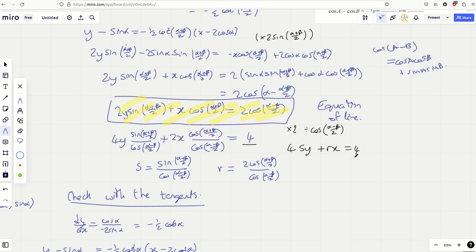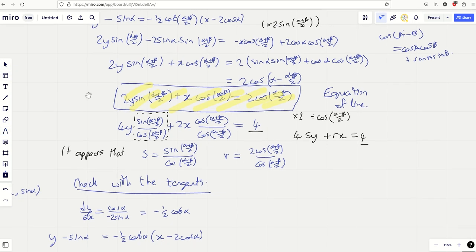So I've got the 4 there, so that's the same. I've got the 4y here, and so this bit must be s. And I've got the x there, so the 2 cos (alpha plus beta over 2) over cos (alpha minus beta over 2) must be r, yeah? So basically I'm saying it appears that it can be written in that form, provided s genuinely equals this and r genuinely equals that.